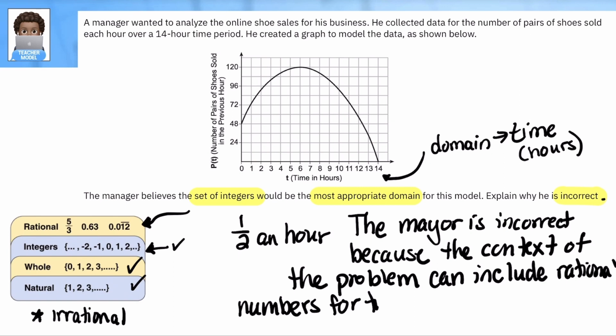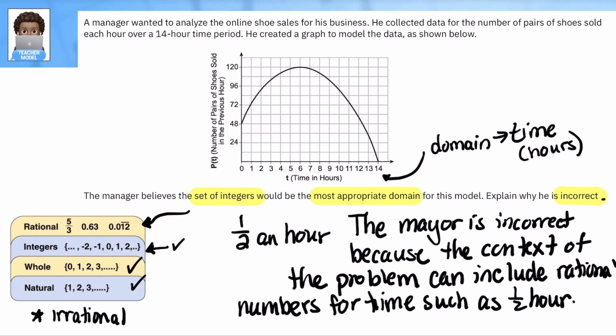I want to make sure I have this looking neat. Such as 1/2 hour, period. So I'm going to just hit pause right there, and you can see that's what would make this incorrect.